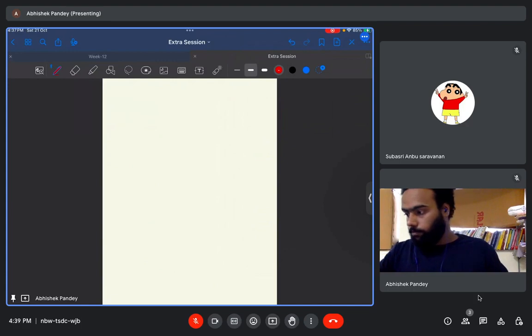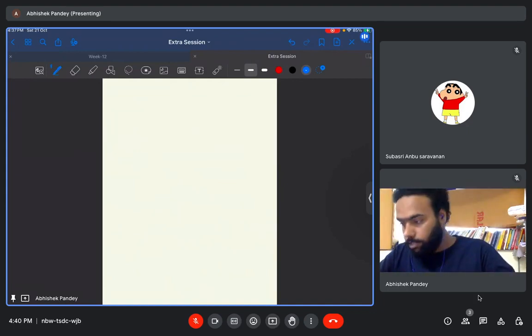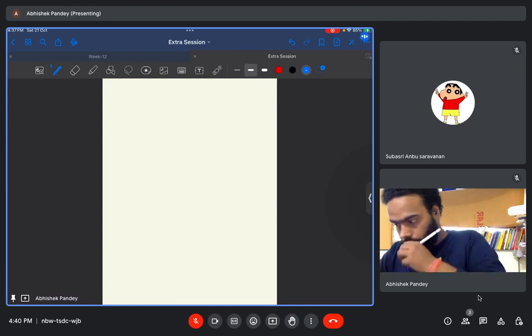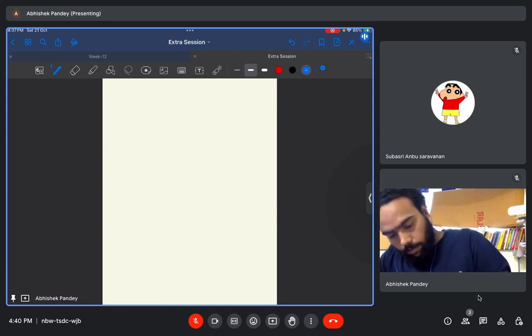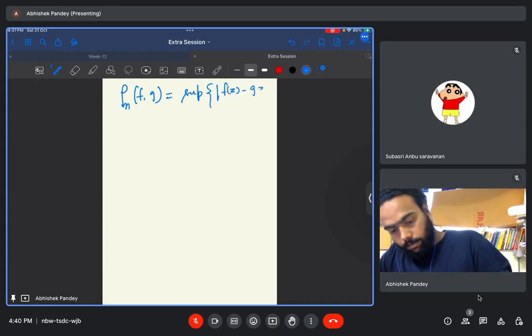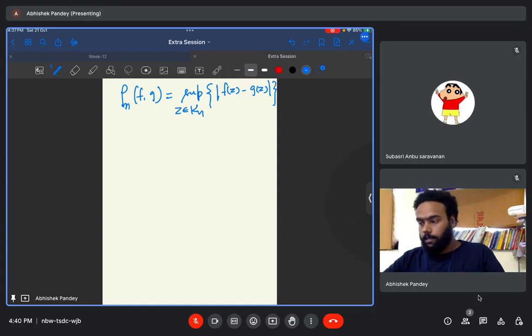How do we define it? We will first define a sequence of pseudo-metrics. Define rho n of f comma g as the supremum of modulus of f z minus g z, where z belongs to Kn.